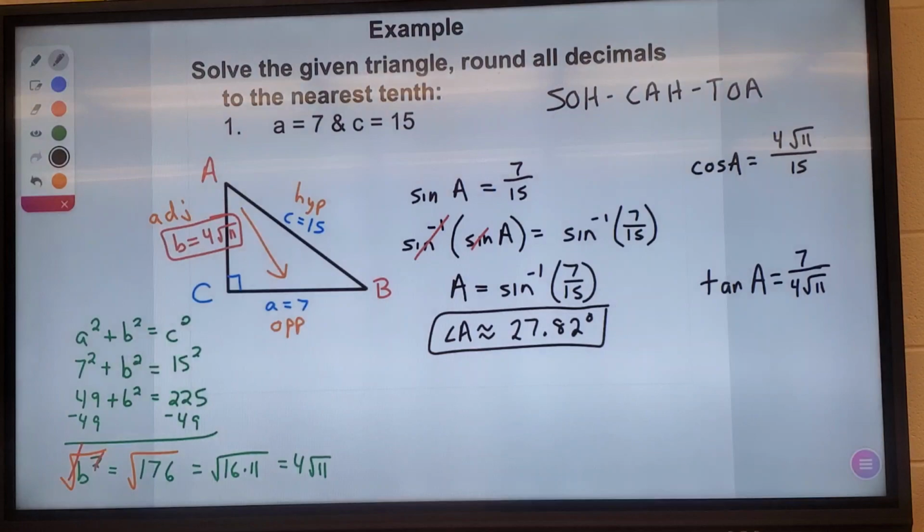Okay, so far we've solved for 2 of the missing components. We were missing angle B, we were missing angle A, and we were missing side B. So we have now found side B and angle A.